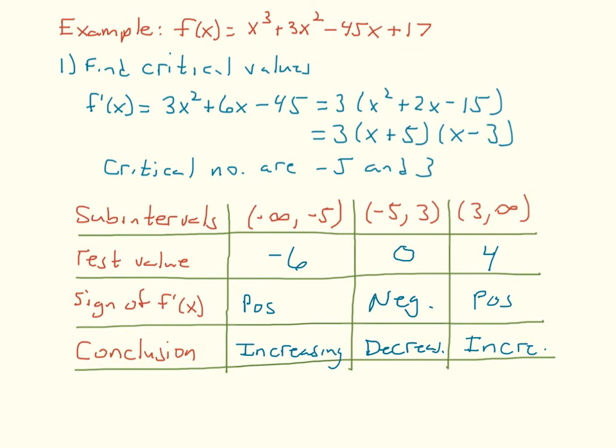So now I have this set up. From negative infinity to negative 5, the function f of x is increasing. It's decreasing from negative 5 to 3, and then increasing from 3 to infinity. Therefore, by the first derivative test, I have a relative max at x equals negative 5, and I have a relative min at x equals 3.